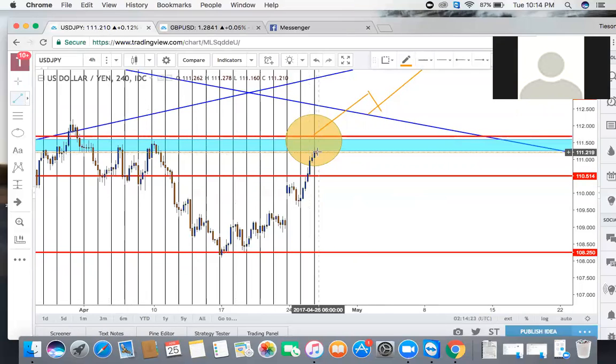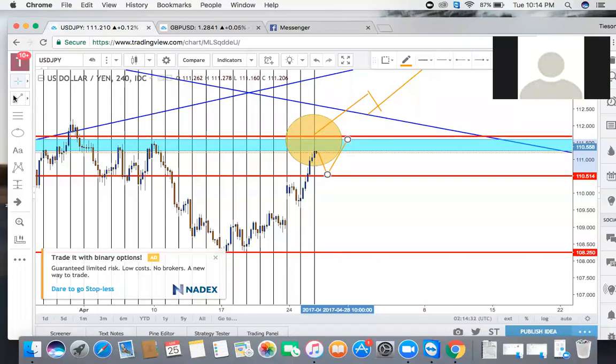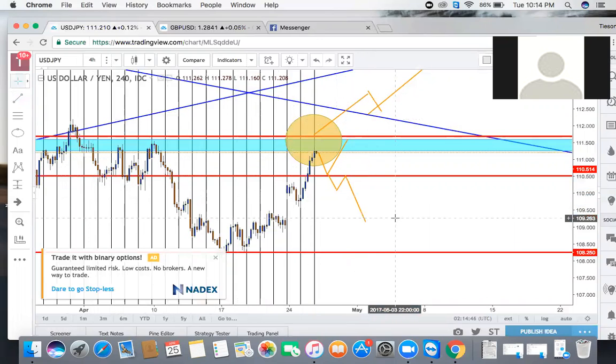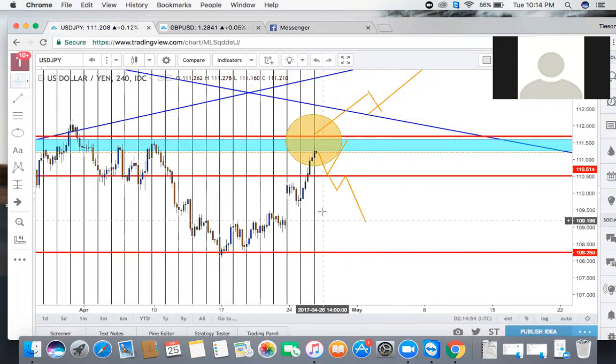So what I might be looking for now is a drop down to this next support and a bounce back up, or I might be looking for a retest and a continued drop. It's just one of those things that you have to wait for.